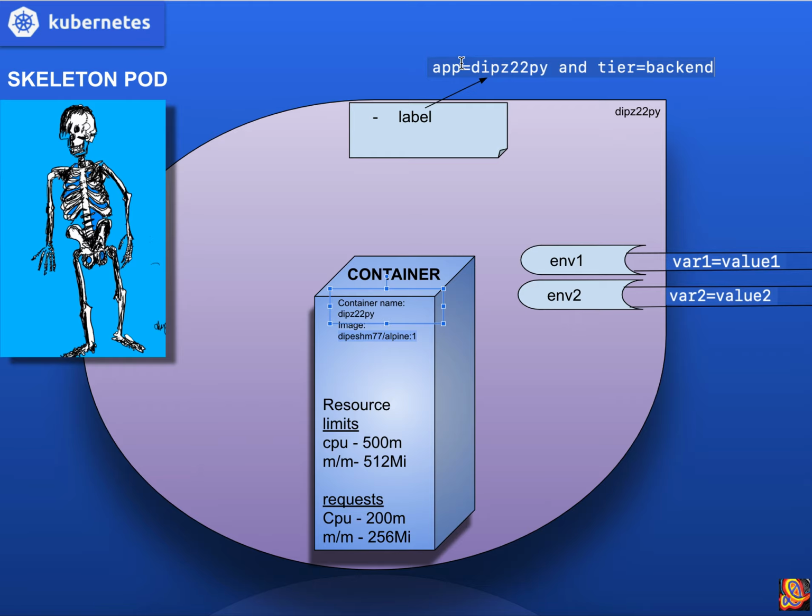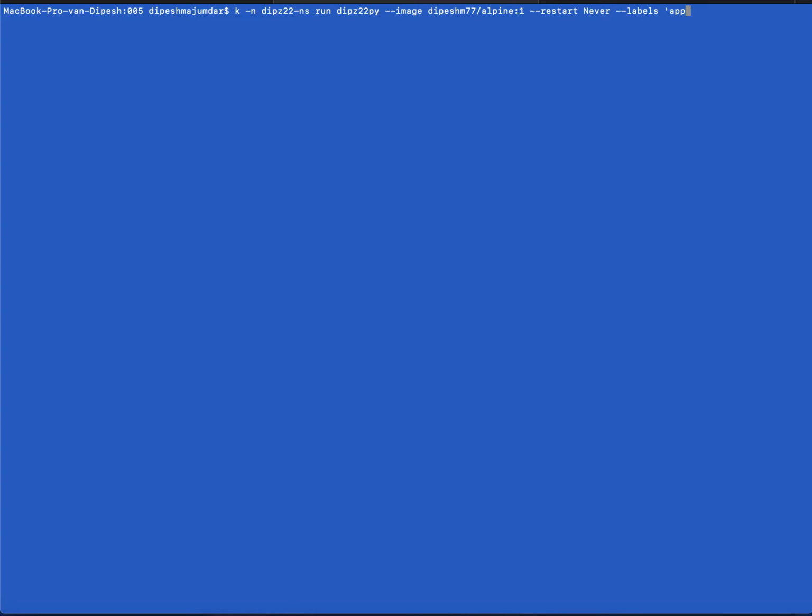Now we will put the labels, environment variables, then requests. I am requesting CPU equal to 200m, memory equal to 256Mi, then limits.